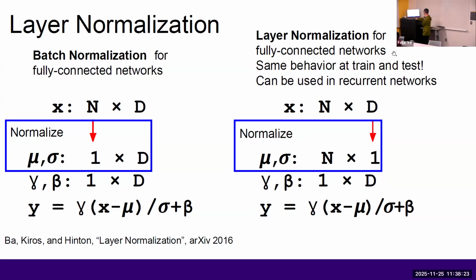But there's another one that you can do, called layer normalization. So there are two different normalization strategies. In batch normalization, we normalize across the data. In layer normalization, we normalize across the dimension, which is the channel. Now it will have the same behavior in training and testing no matter how we do this, because we are getting n by 1 here, right?